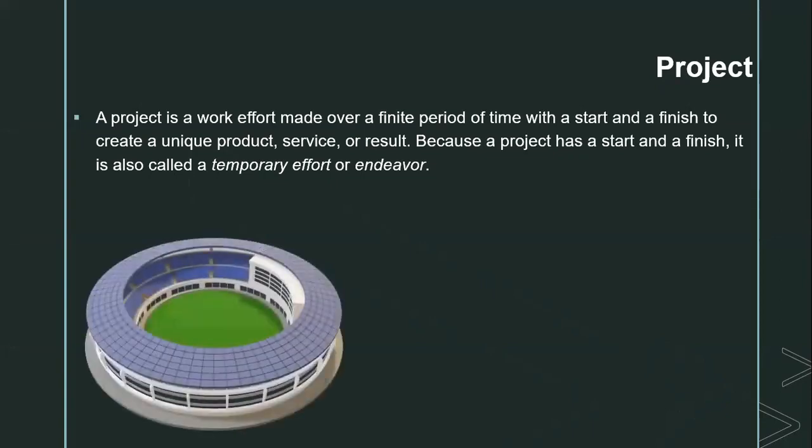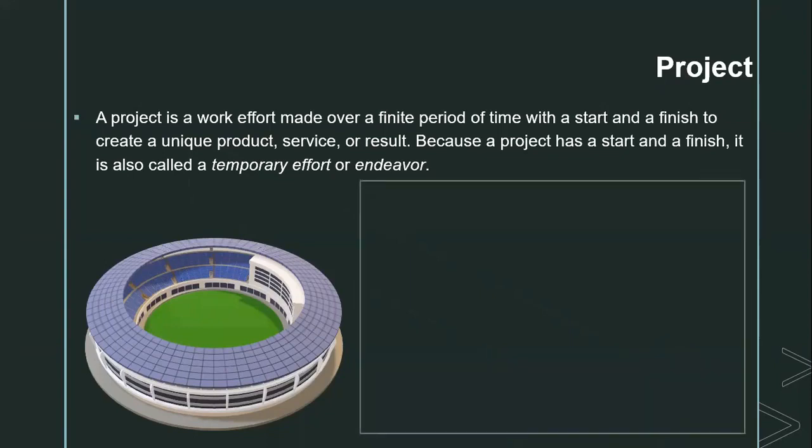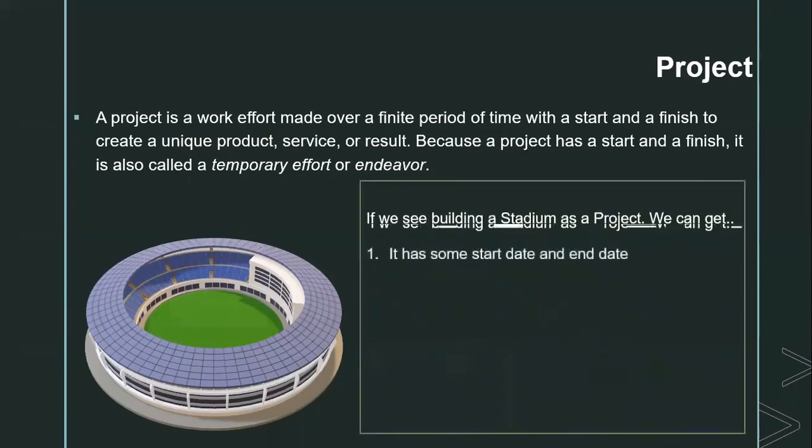So let us assume we need to construct this stadium. Basically this is an idea, and this idea is pitched to investors, and they agreed to build or construct this stadium. So they started planning, and the day when they started the planning means the project start date has started.